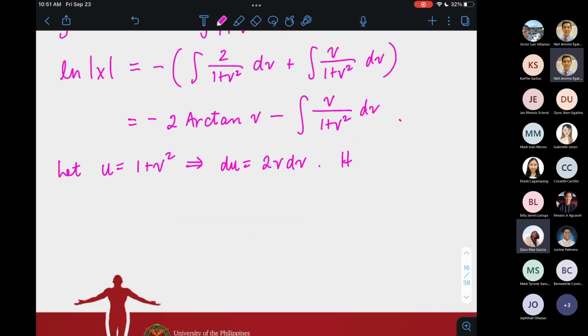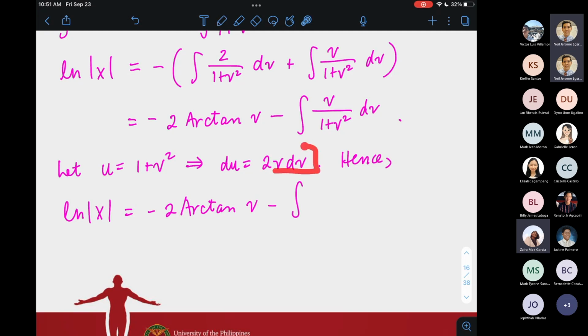So we'll have the following. Ln of absolute value of x equals negative 2 arctangent of v minus integral ng, so yung v dv na nandito ay mapapalitan ng du over 2.